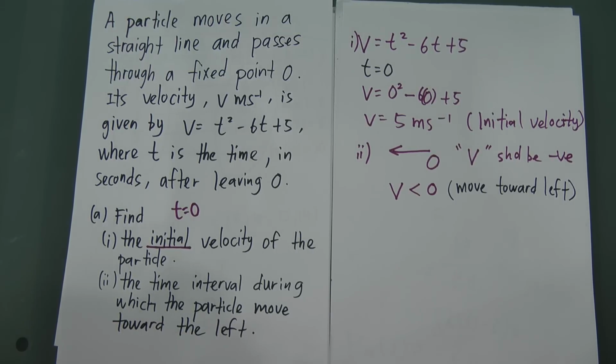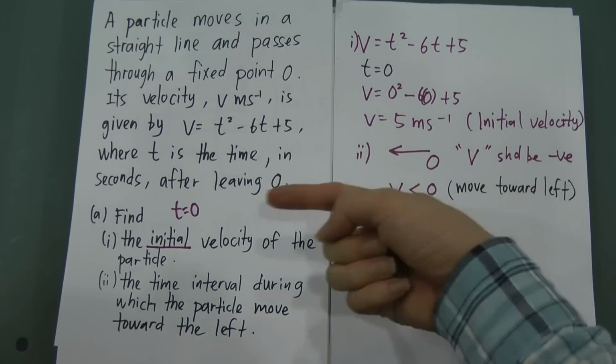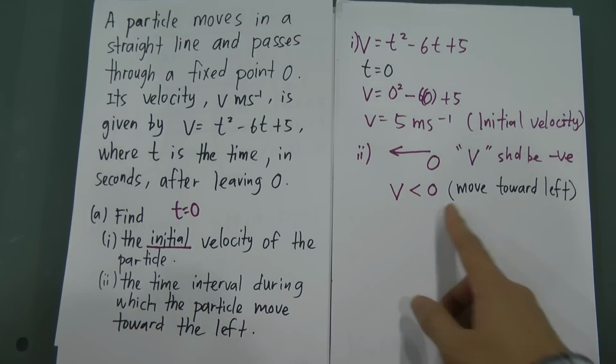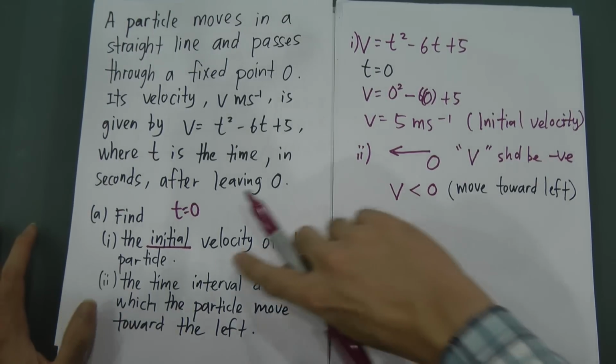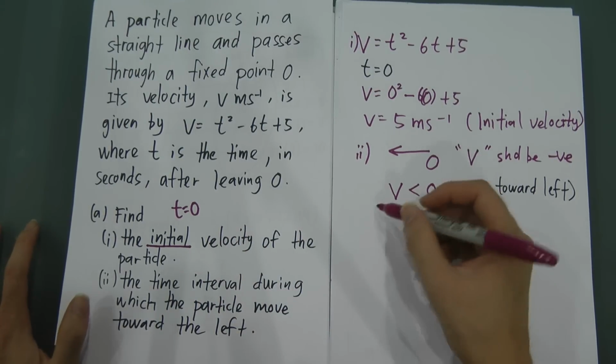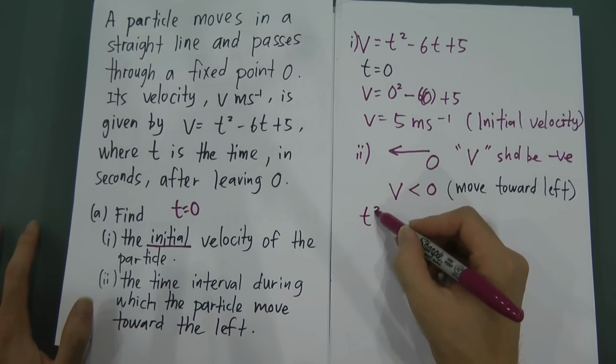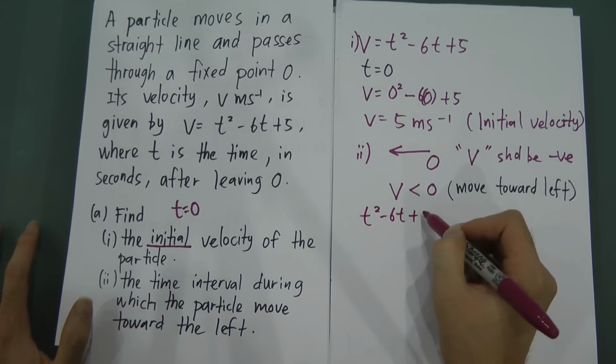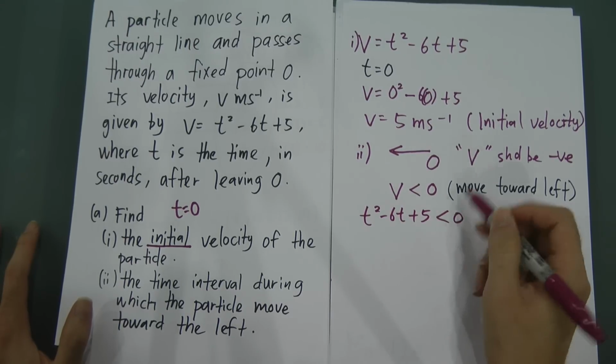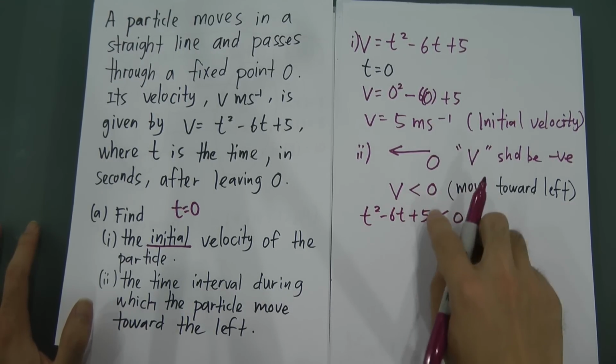So when the particle moves toward the left, in this direction, v will be smaller than 0. What you want to find is the time interval. Very simple, you substitute v: t squared minus 6t plus 5 is smaller than 0, because the whole thing is v.